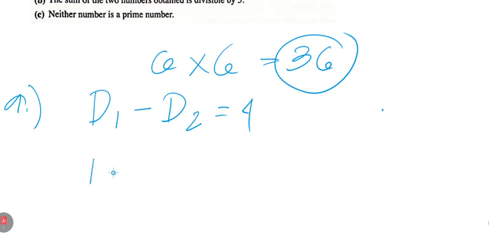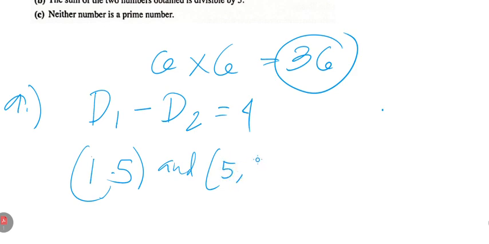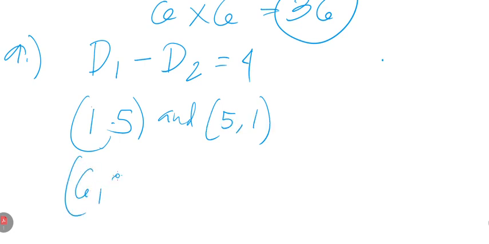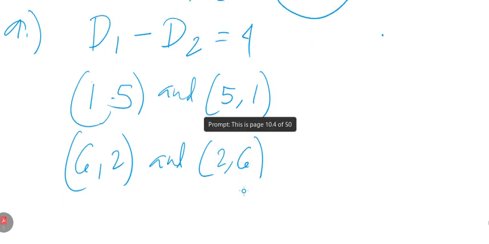Now, the numbers that we can write down are 1 and 5, and the other one would be 5 and 1. Also, we can write the other numbers: 6 and 2, and the other would be 2 and 6. Those are the numbers.